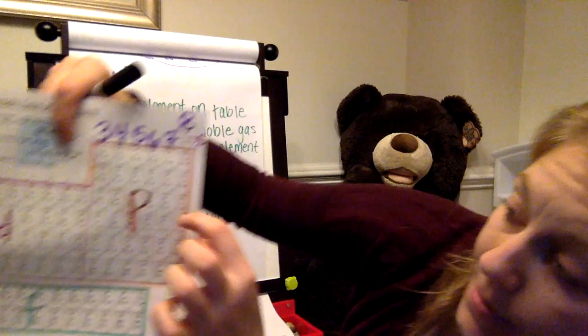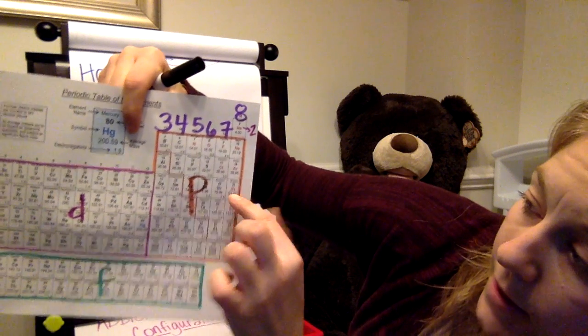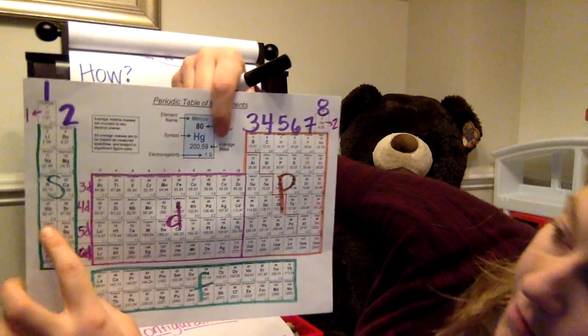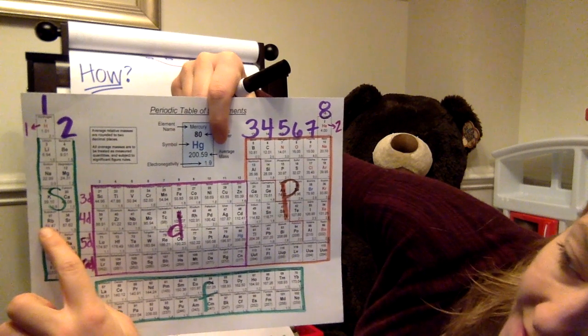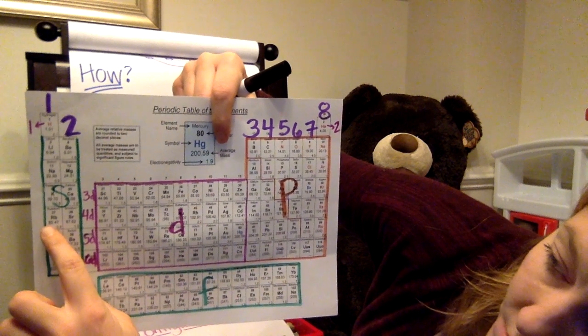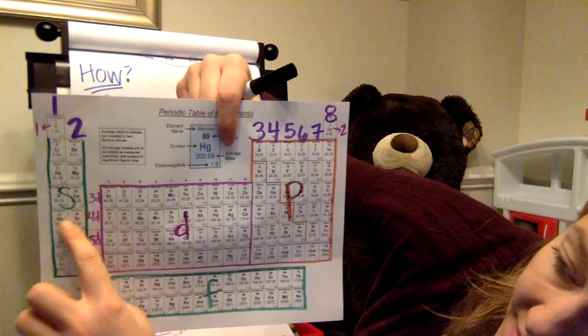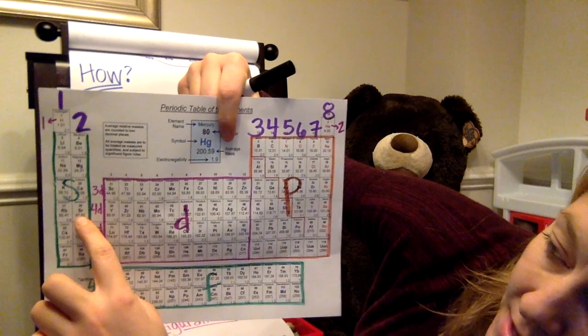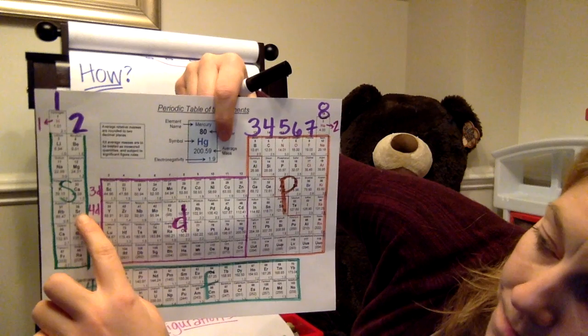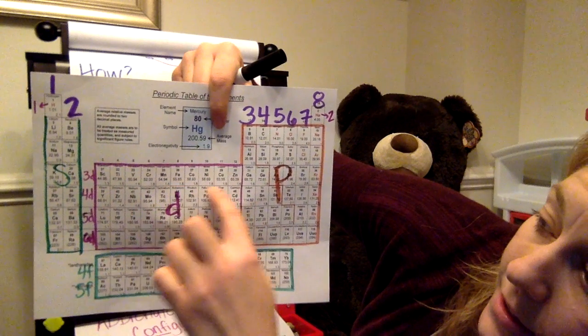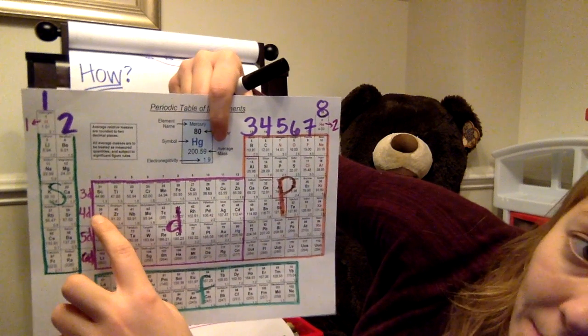If I'm at krypton here, then the next piece of my electron configuration is right here. Remember, this is the S block, so this is going to be 5s2. That takes me to strontium. I'm then in my D block. Now remember, D drops 1.